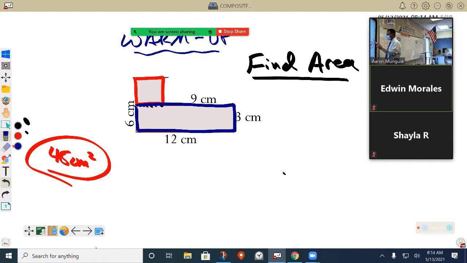So let's do the top one first, the area of this top red square. I know the area of a rectangle is length times width. And I'm looking at from here to here, notice, from here to here is 6 centimeters. And from here to here is 3. So this is 3 centimeters. And that means this has to be 3 centimeters right here. Right?